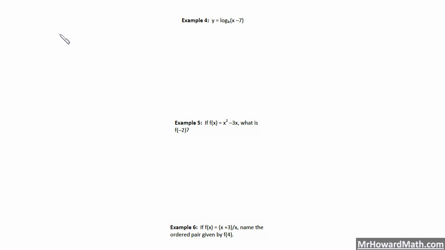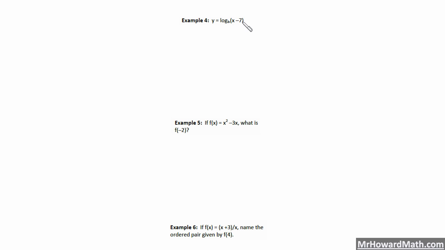Alright, so now we have a logarithm, and we haven't talked about logarithms yet this year. We will later on, but you did talk about them in Algebra 2, but all we're concerned about now is just finding the intercepts and the domain, so we can have a quick refresher on that. We already talked about in the beginning of the video that we couldn't take the logarithm of 0 or a negative number.